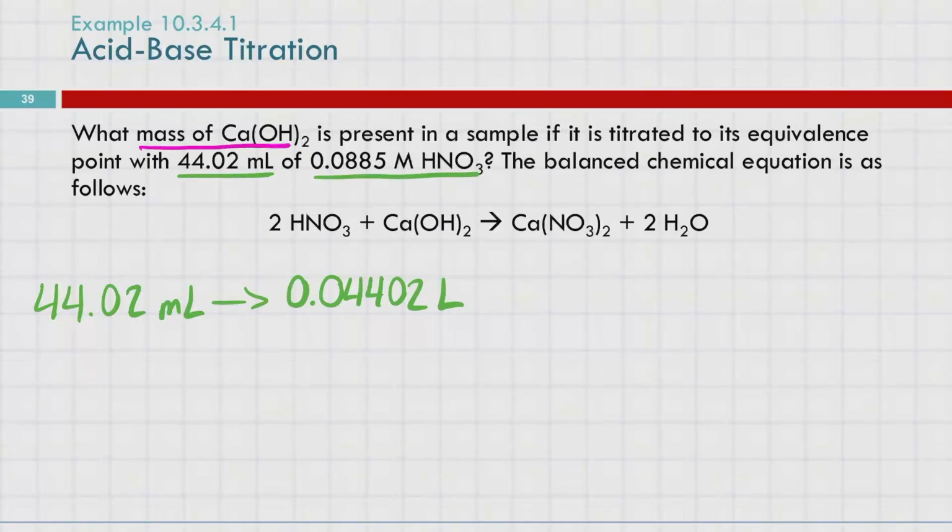So that many liters. Just move the decimal place over 3 times. How can we use this liters? Yeah, multiply it by the molarity, since molarity is secretly moles over liters. That will cause our liters to cancel, and we'll be left with moles.